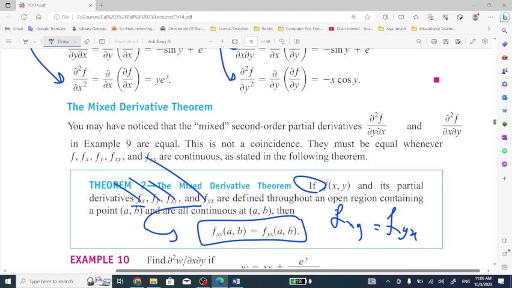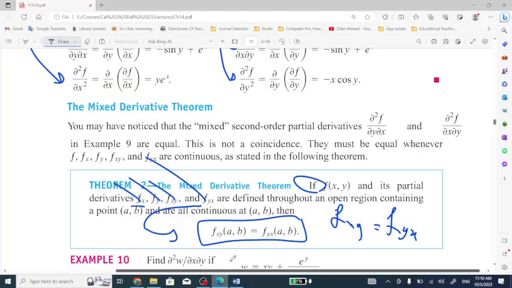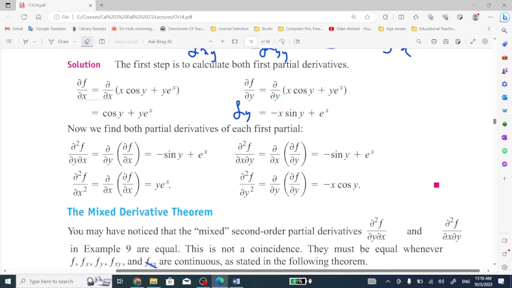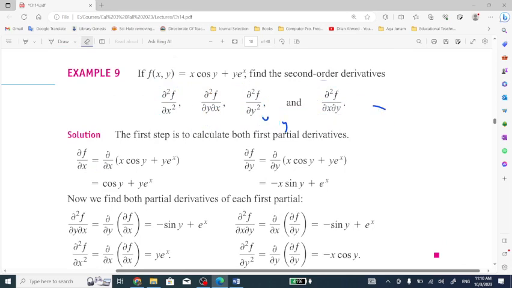Clear? If I ask you about this function, this example that we solved together, are they continuous or not? Let me go to the PDF, it is better. The function itself is continuous.